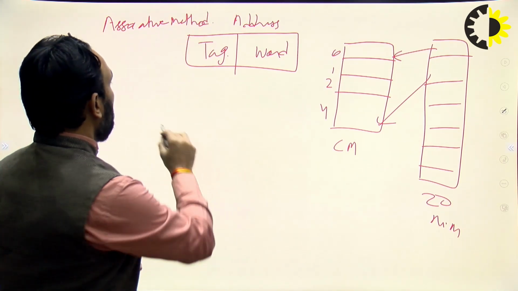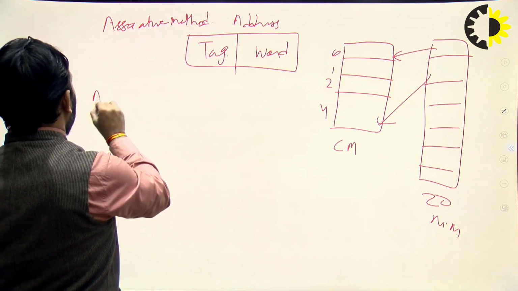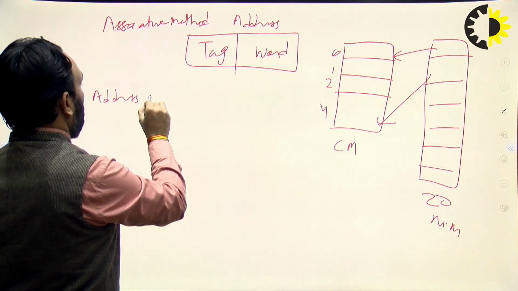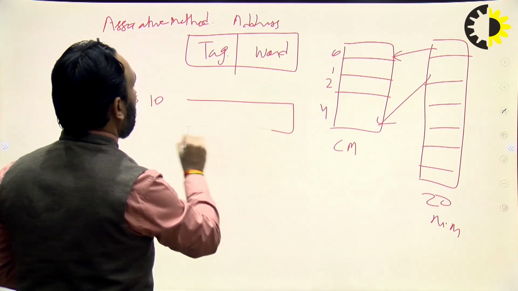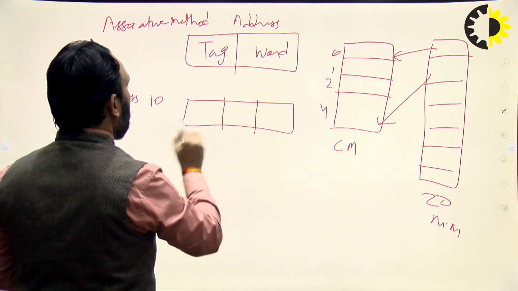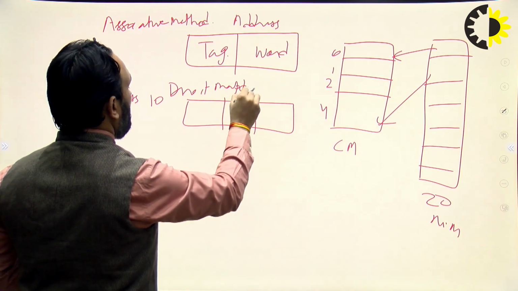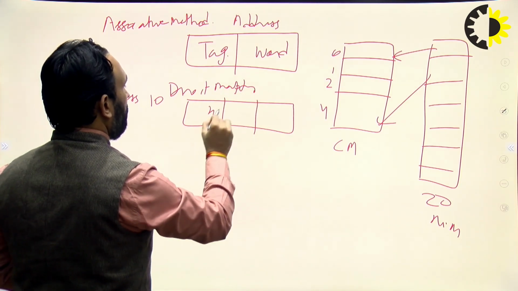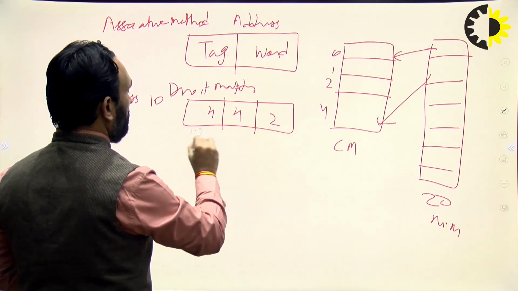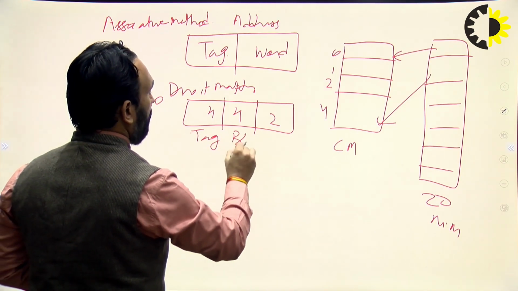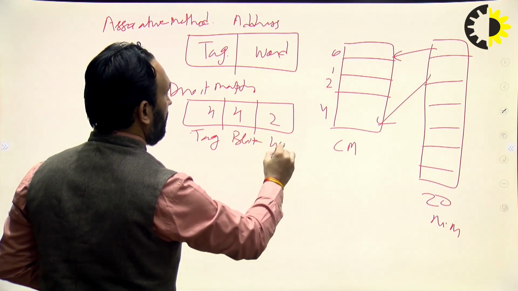For example, if the address length is 10, it is divided into three parts in direct mapping, like 4, 4, 2. These are tag bits, block bits and word bits.